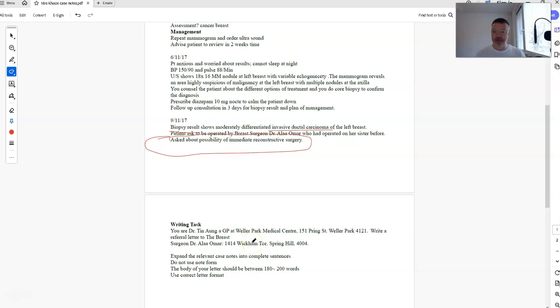So urgent. Now the reason I mention this, and I've said before, you've got different ways to write a letter. You've got different themes, right? So it can be chronological, like a referral.